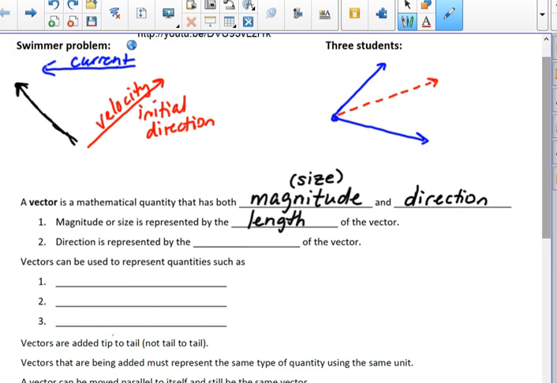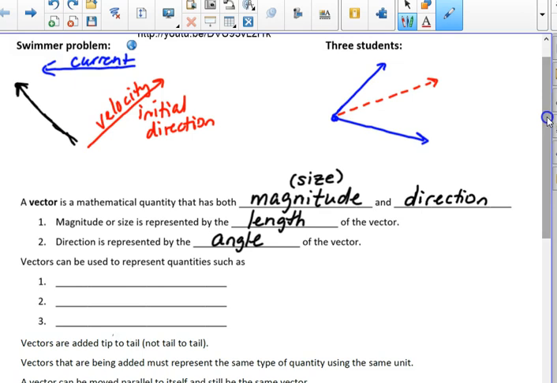The direction is represented by the angle or the slant or the slope of the vector, which direction it's pointing. You notice that every vector I drew has an arrow that tells which direction it's going, and it's drawn at a certain angle to tell the specific direction it's going.